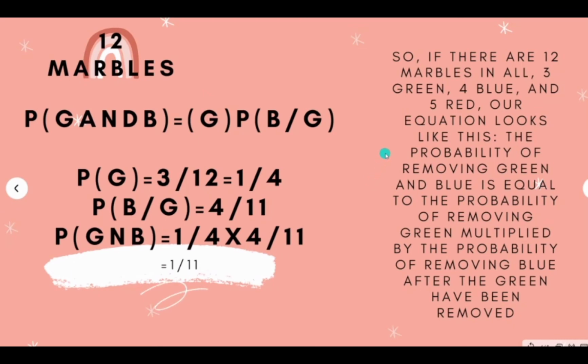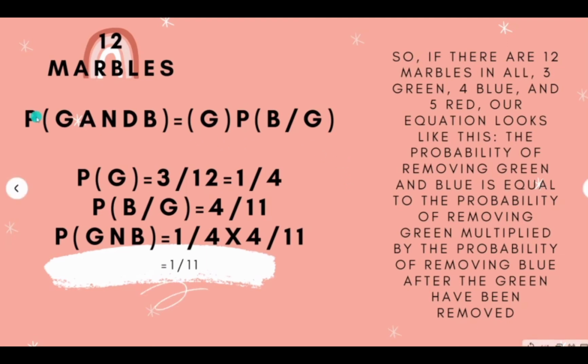So if there are 12 marbles in all, 3 green, 4 blue, and 5 red, our equation looks like this. The probability of removing green and blue is equal to the probability of removing green multiplied by the probability of removing blue after green has been removed.